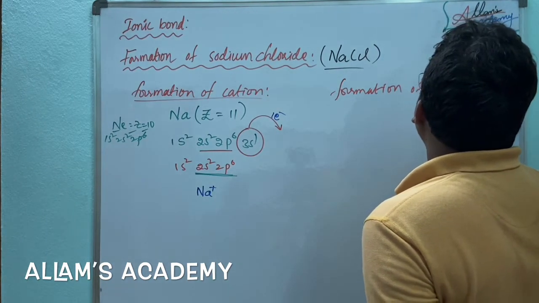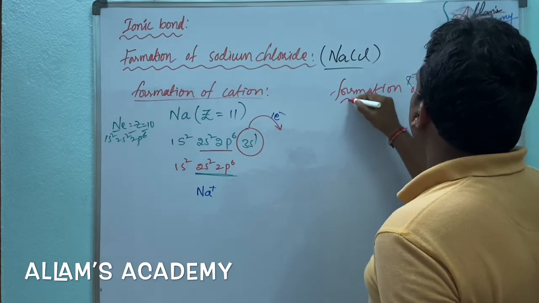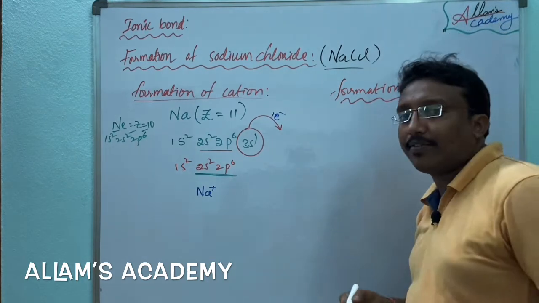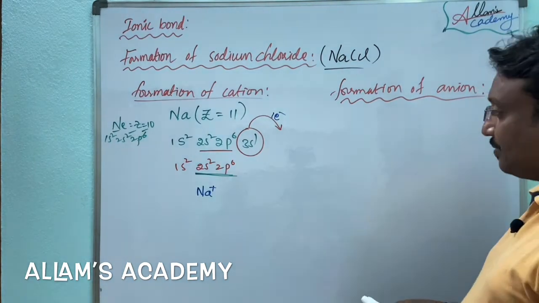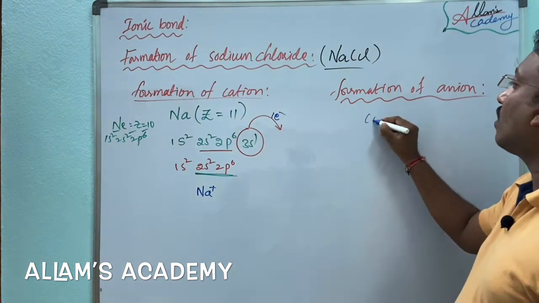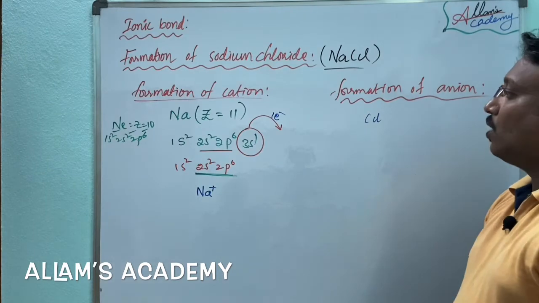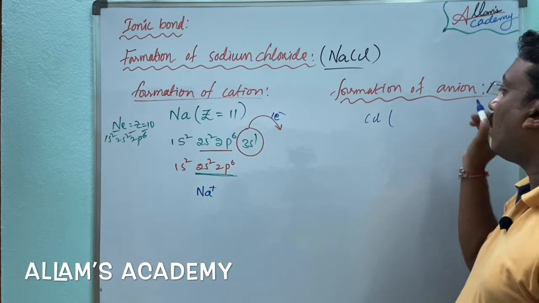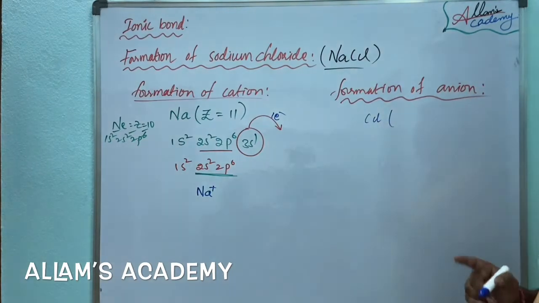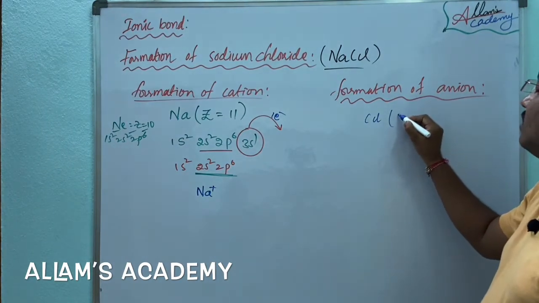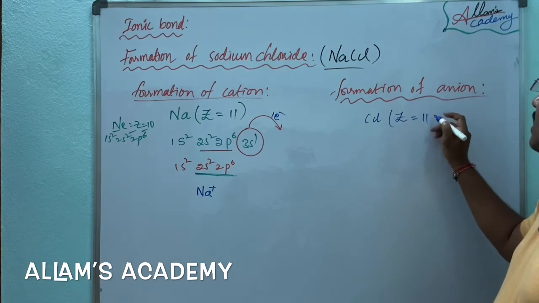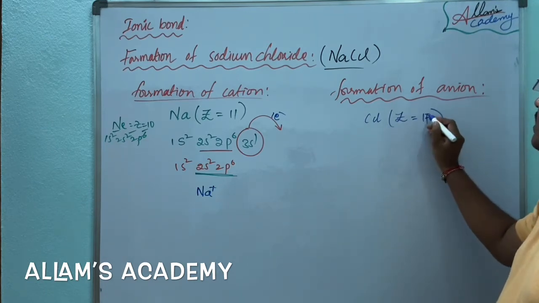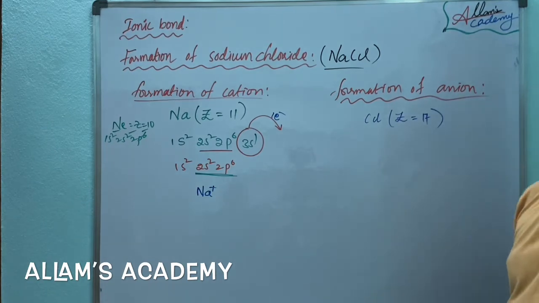Next, formation of anion. Here chlorine. What is the atomic number of chlorine? The atomic number of chlorine is 17.